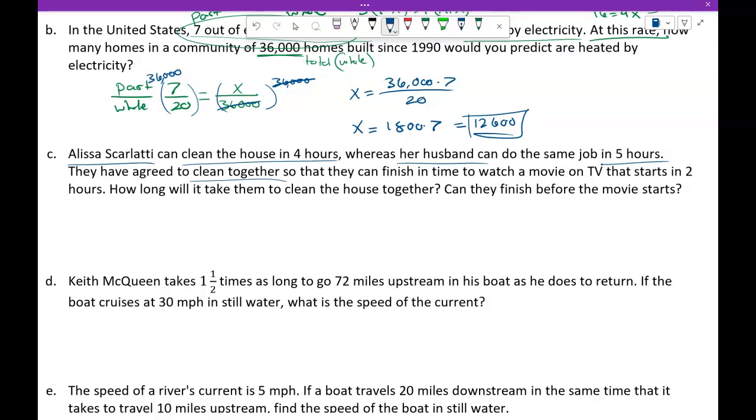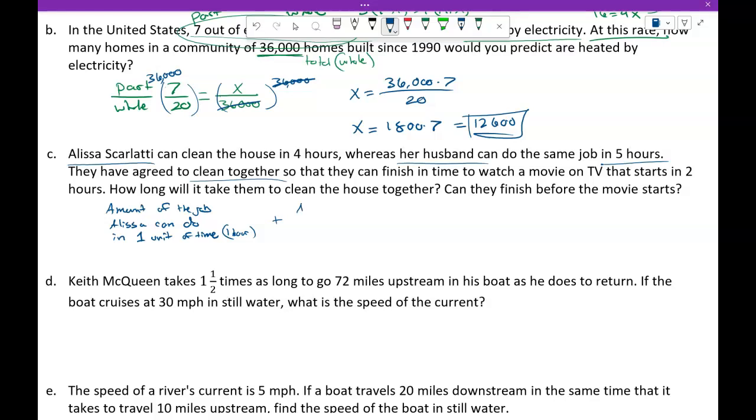So what we're looking at is the amount of the job Alyssa can do in 1 unit of time. And that unit is usually going to be based off the problem and what unit they're using to measure time. Here we're measuring time in hours. And so we're going to think about how much of the job Alyssa can get done in 1 hour.